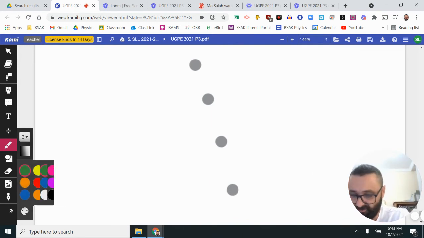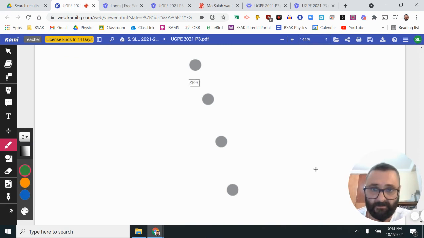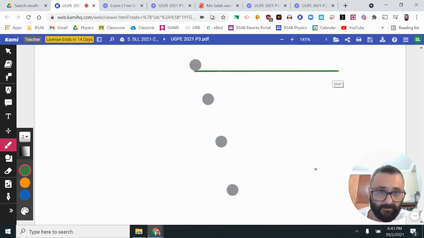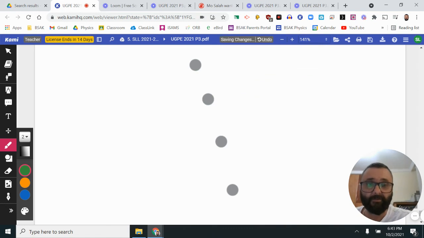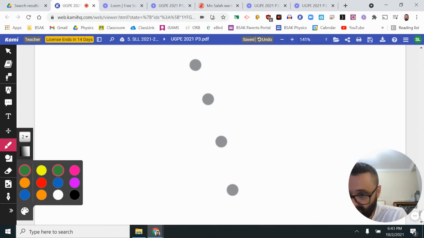Now, let's draw some lines on. If we draw these lines here, this might help us. In fact, it might help us if I do it properly.